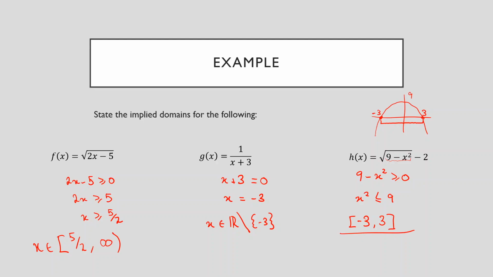Anyway, that's our implied domains. An implied domain is the largest possible domain for which your equation, your rule, makes any sense. Sometimes certain values of x will make it so that you can't work anything out. So you have to disregard those values and only include values that do make sense.